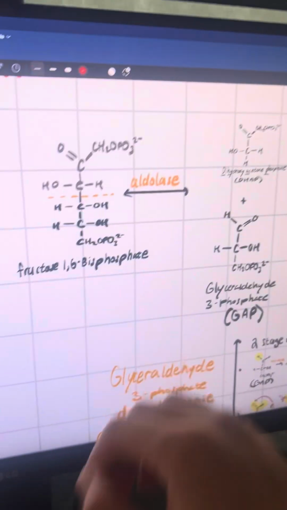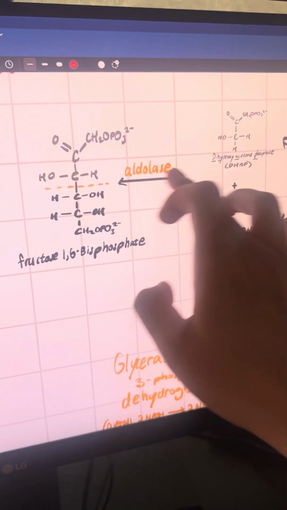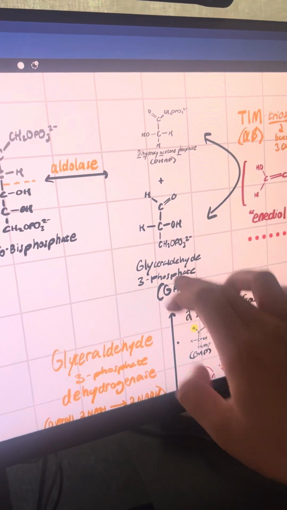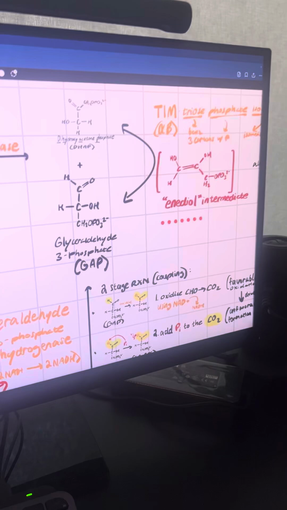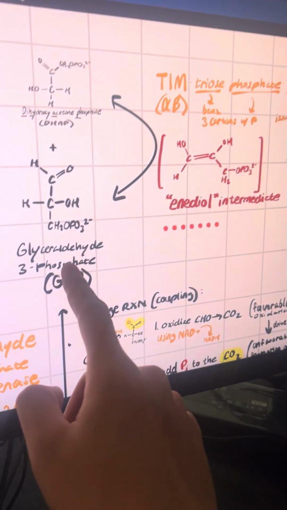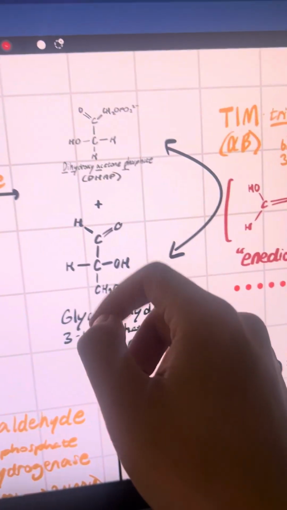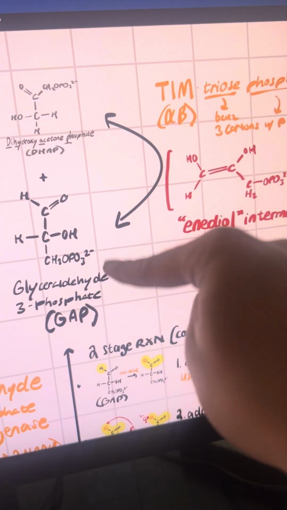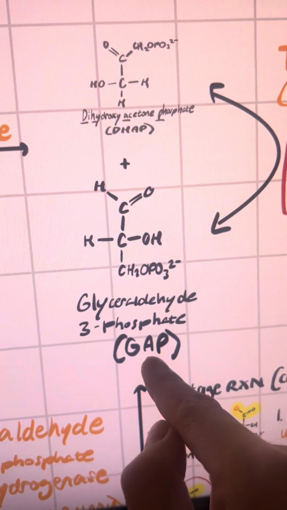Okay. So, fructose 1,6-bisphosphate will be cleaved by aldolase into DAP and GAP. So you're gonna cut it in half, and you're gonna form DAP and GAP. But really, it's GAP that continues glycolysis, not DAP. But the interesting part is you can convert DAP into GAP, so you have 2 GAPs continuing the pathway. And what converts DAP into GAP?